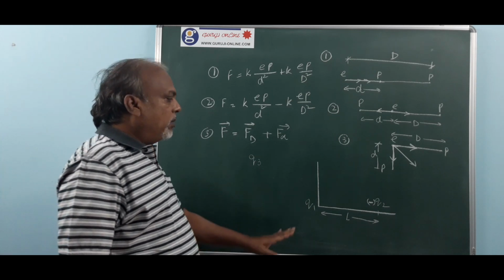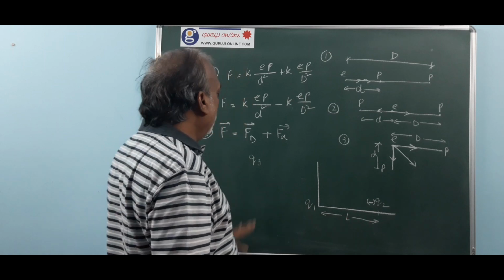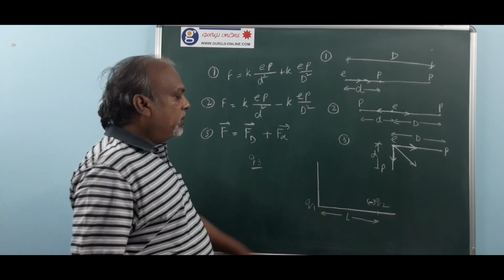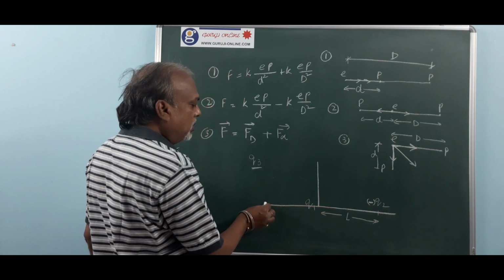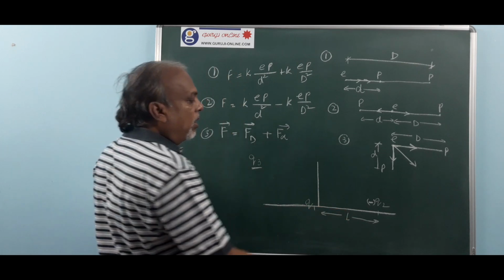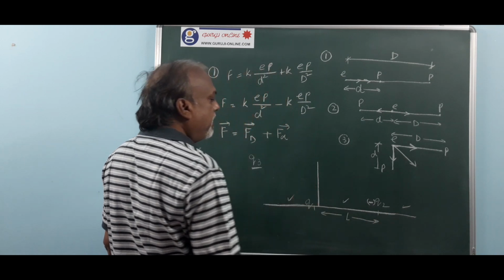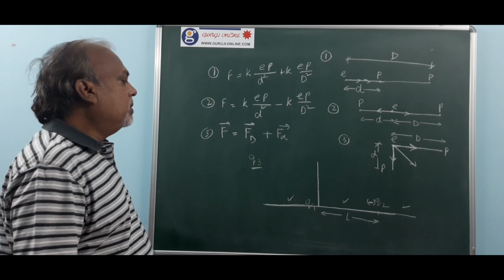Let us analyze this problem also. Let us see Q1 is there and Q2 minus is there, and you are asked to find out where to put this plus charge Q3: here, here, or in this region, and where it will have equilibrium.